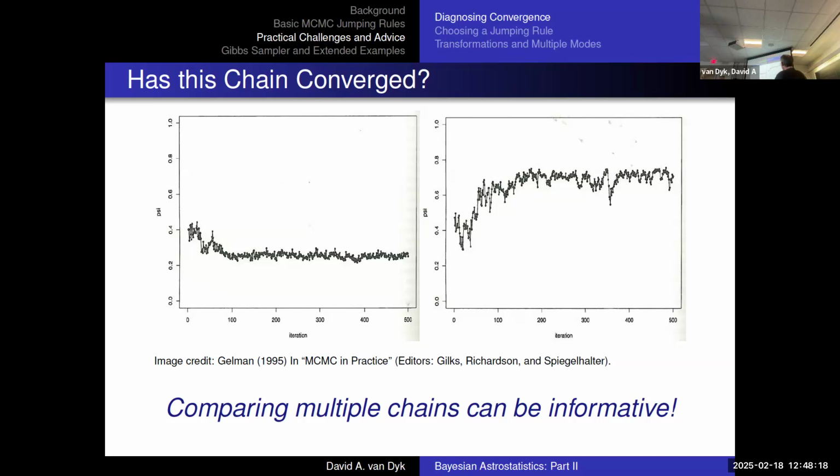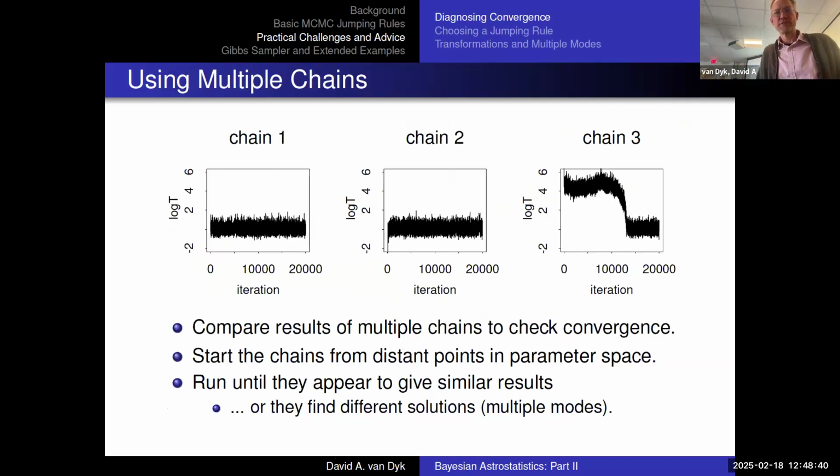If that's the case, you want to ask: is this mode 90% and this mode 10%? Are they 50-50? Maybe this one's 99.9%, and the other only happens one time in 1,000. In that case, you can probably throw away the one that's only one time in 1,000. But you need to ask those questions and look more closely. And if you just run one chain, you might never know there's an issue.